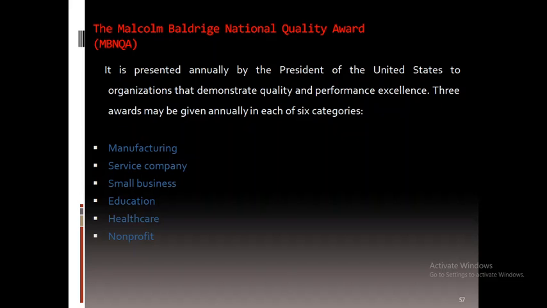The first category is manufacturing, second is service company, third is small business, fourth is education, next is healthcare, and the last one is non-profit.